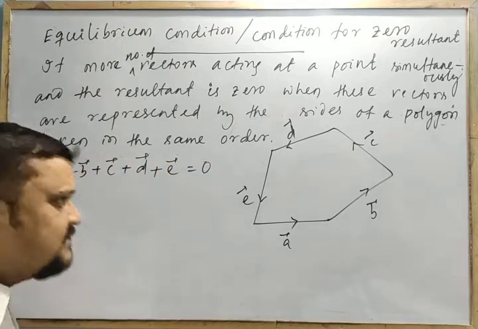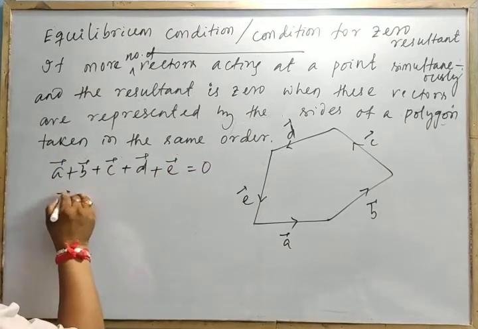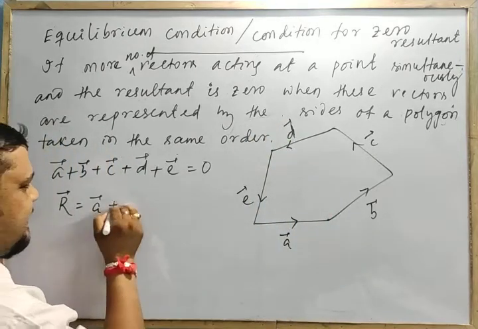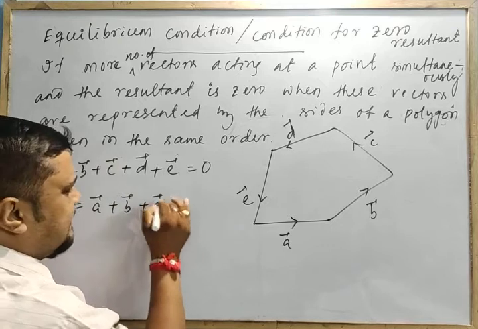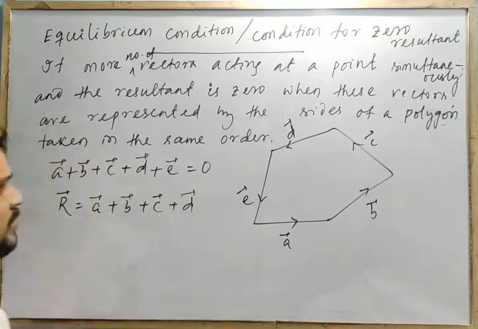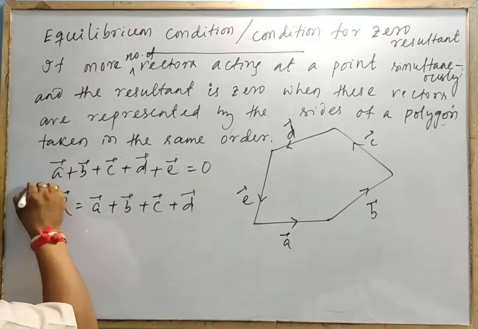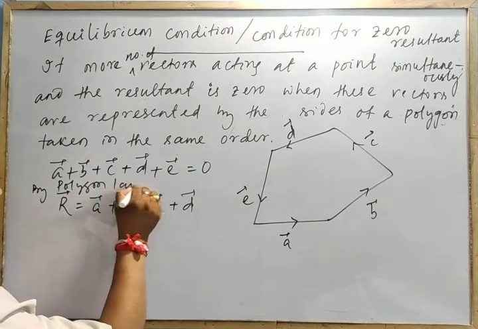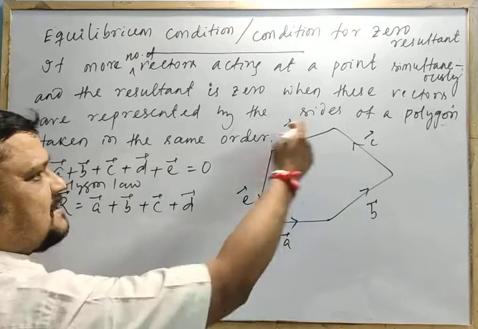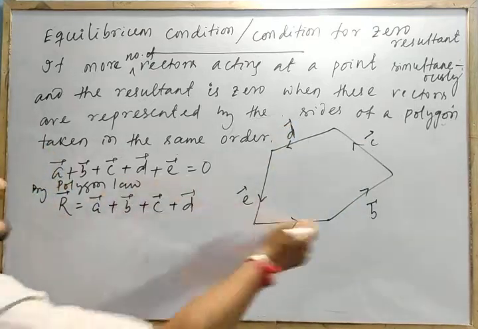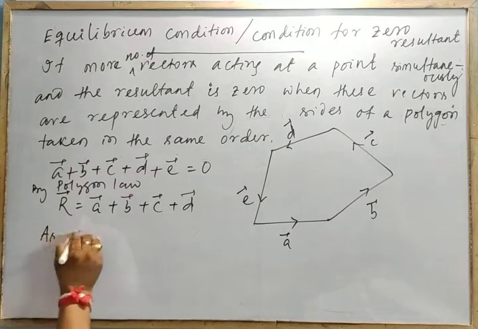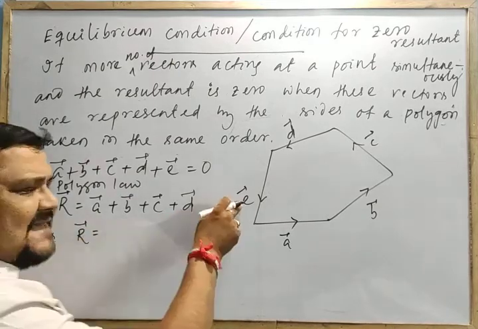Why? As you know, R, the resultant of A, B, C, D, is A + B + C + D, which you already know by the polygon law. If A, B, C, D are the sides taken in the same order, then the resultant is R. Then at the end, what is there?